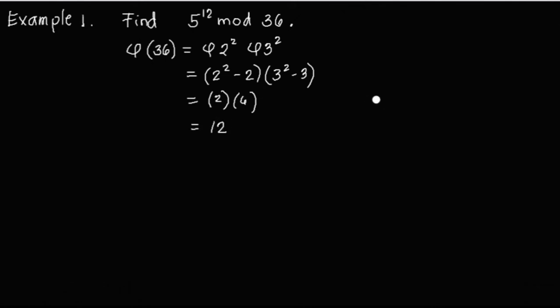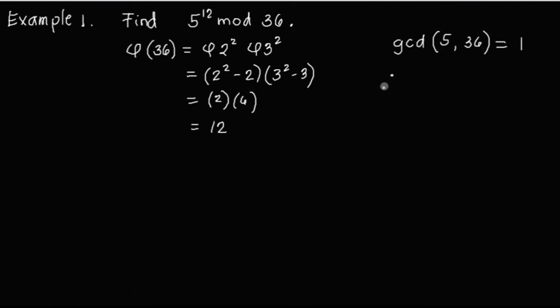Okay? And since the GCD of 5, that's the value of a, and the value of n is 36, so the GCD of 5 and 36 is 1. Okay?